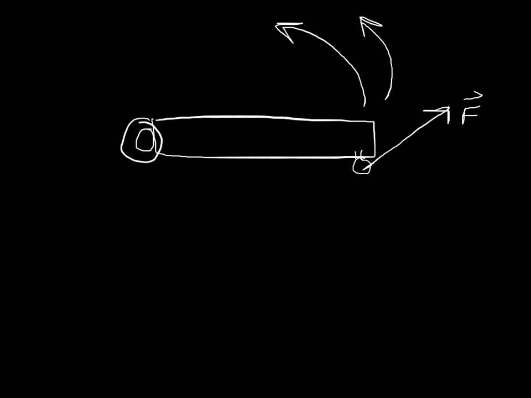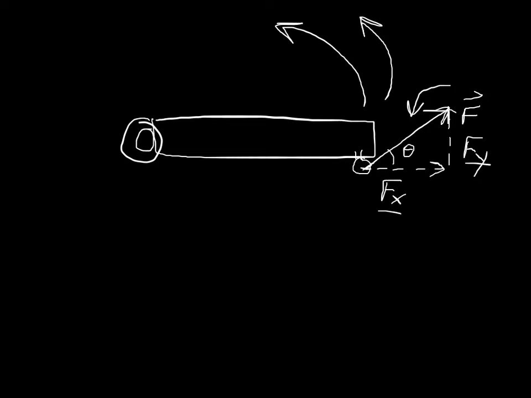So I can take my force, which I see is at some angle, and I can break it up, as we've done with anything that is ever at an angle throughout this entire class. I can break this force up into two different pieces. I have some force in the x direction, I have some force in the y direction. So Fx, Fy, and then my hypotenuse is going to be my F.